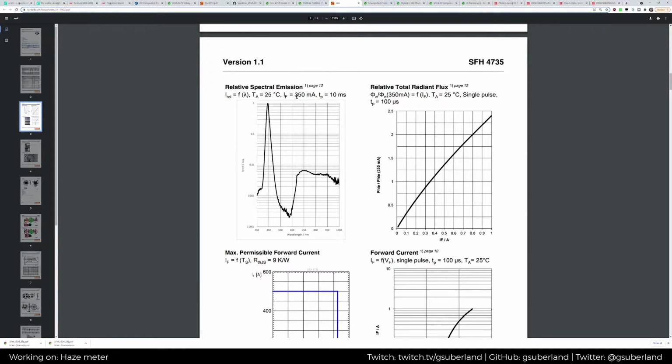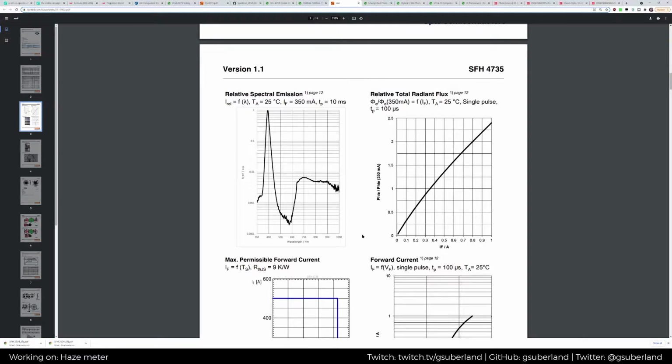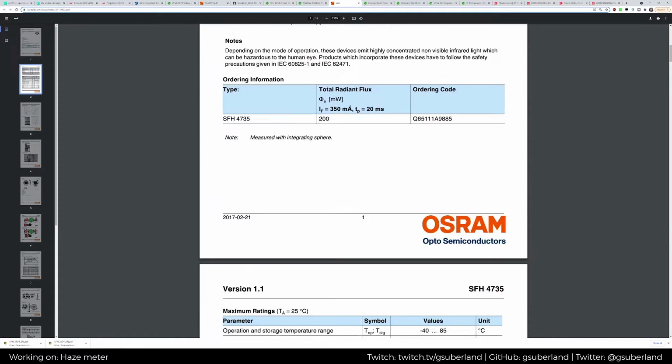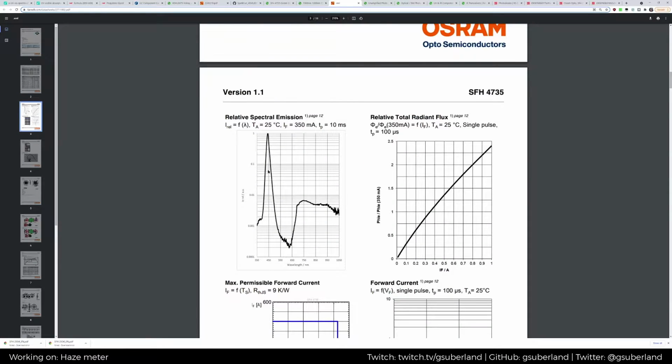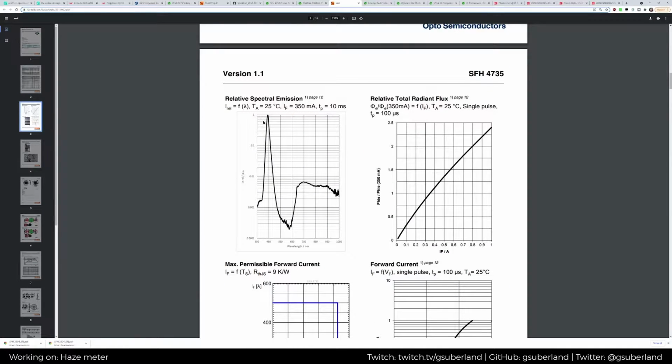But it is 350 milliamps forward current. So the peak wavelength here is going to be very, very bright, which means that the luminous intensity out at this range is still enough. There's still quite a bit there.